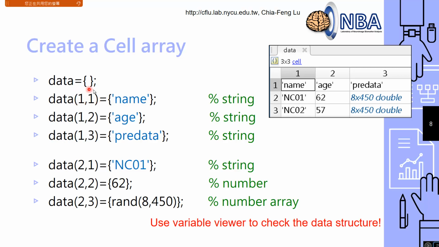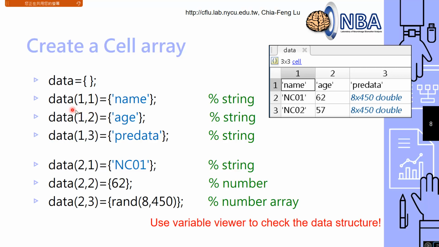And for the left-hand side right here, you can see this is something about the index. Okay, I want to set a value to a specific index of the data, right? So I put a name, of course, in a cell array type right here, into the first row, first column index right here. And again, you can see when we are talking about the index, we use parentheses.